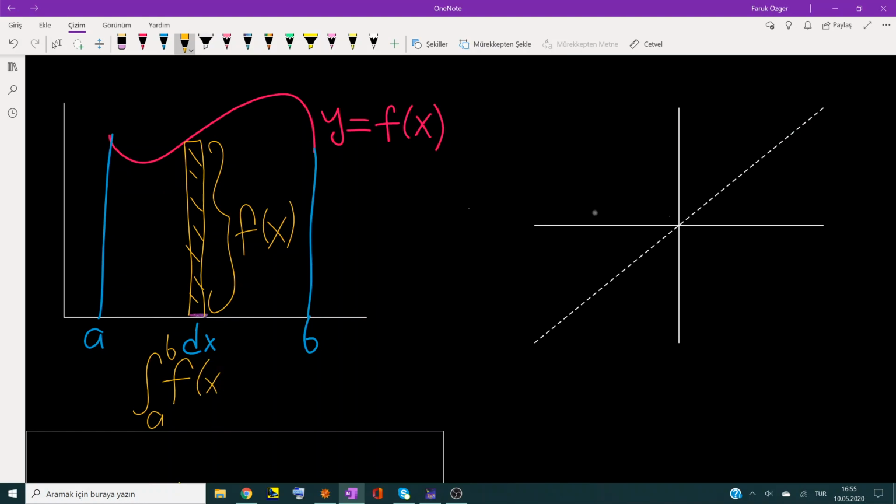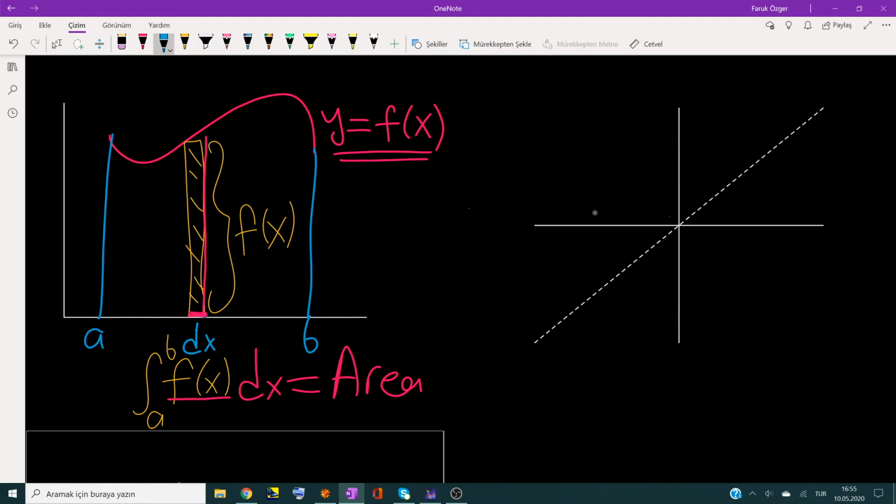The integral of f of x from A to B, f of x times dx, gives the area of this rectangle, and summing up all these areas gives the area under the curve f of x. And this is the idea of single integral from calculus 1.